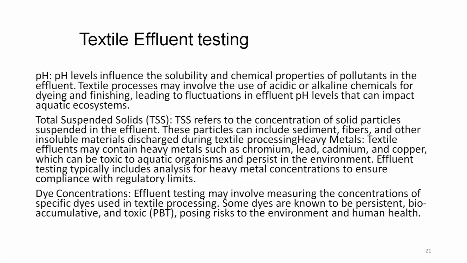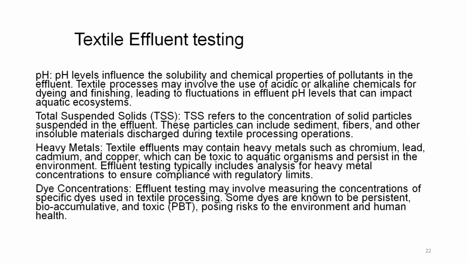So, the effluent testing typically includes analysis of heavy metal concentration to ensure compliance with regulatory limits. Dye concentrations. Effluent testing may involve measuring the concentration of specific dyes used in textile processing. Some dyes are known to be persistent, bioaccumulative and toxic, posing risk to the environment and human health. So, pH and total suspended solids we have just seen.